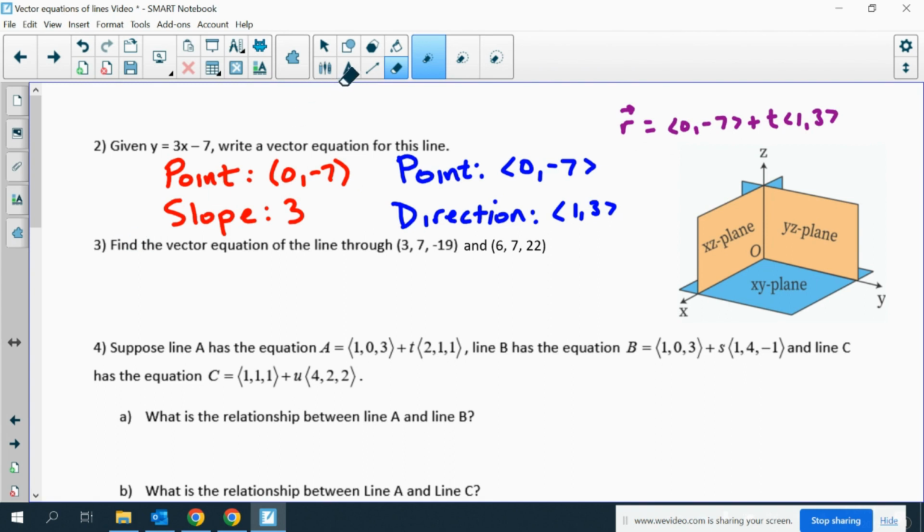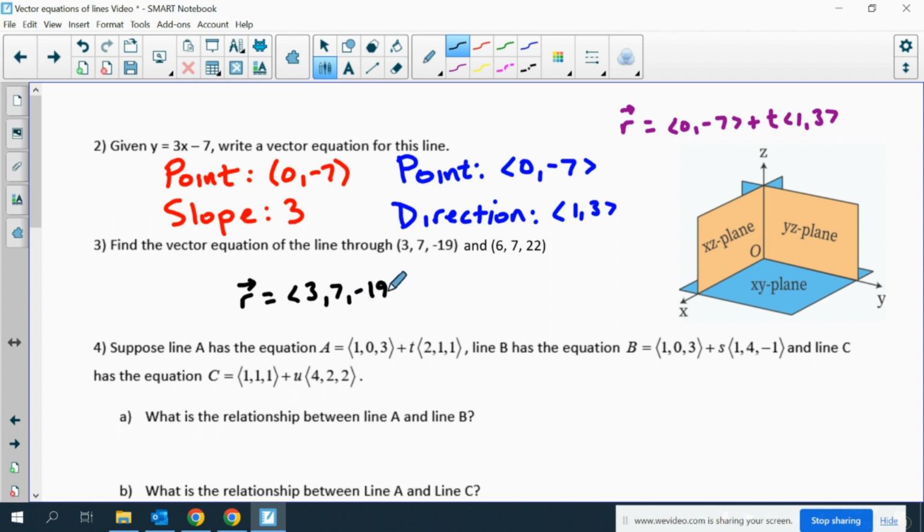Problem 3, find the vector equation of the line through these 2 points. So what we would have to do is, since we have 3 dimensions, we're going to write an r, and that's equal to one of these points plus t times, well, however far it takes us to get in that direction.